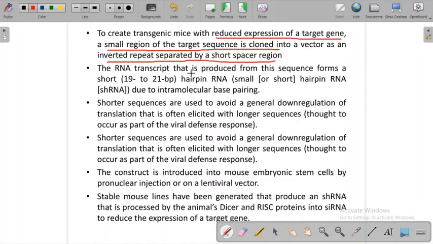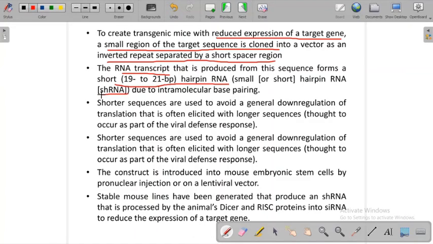The RNA transcript produced from these sequences forms a hairpin-like RNA molecule. That's what happens in RNAi, and that is called a small hairpin RNA molecule, that is an shRNA molecule.